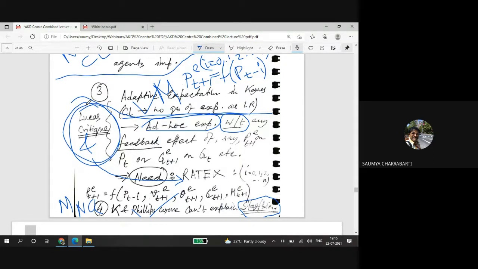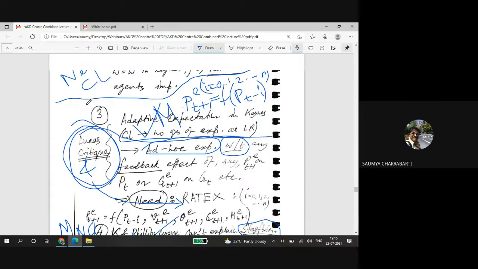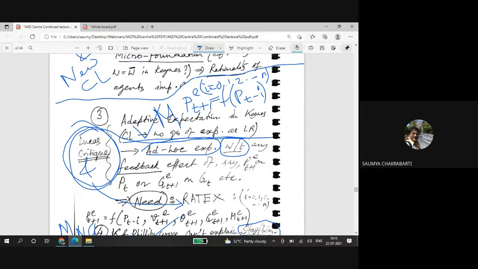The Lucas critique was this: in adaptive expectation, this is the equation, where P^e_{t+1}, tomorrow's price that the worker is expecting, actually depends on past prices, i running from 0 up to n. That is P_t, P_{t-1}, P_{t-2}, up to P_{t-n}.